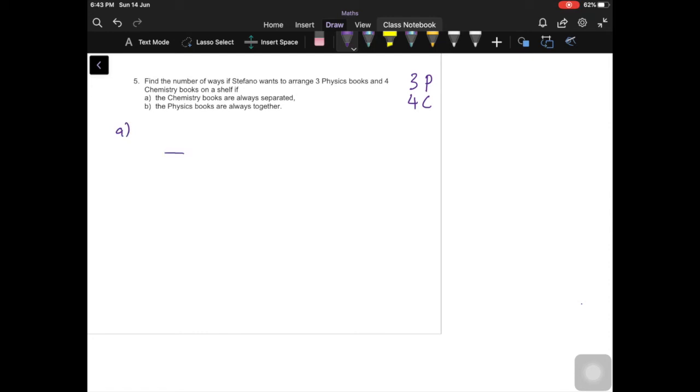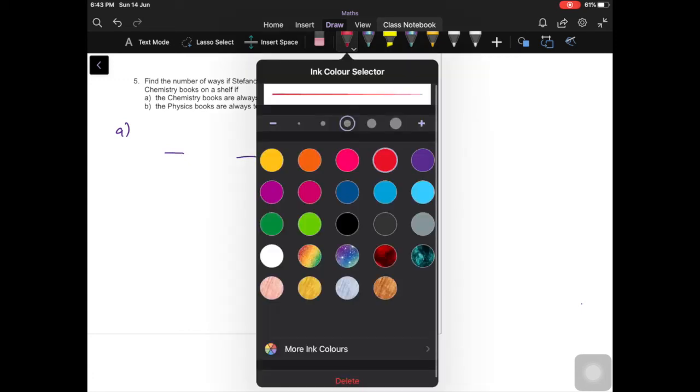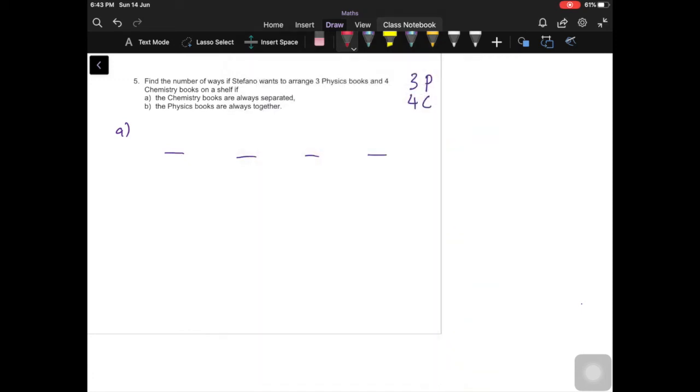So we have 4 chemistry books and then we have 3 physics books. It means the 3 physics books can be put in the middle of the chemistry books. For the 4 chemistry books, at the first place we have 4 options, and after we choose 1 book we're left with 3, then 2 and 1.